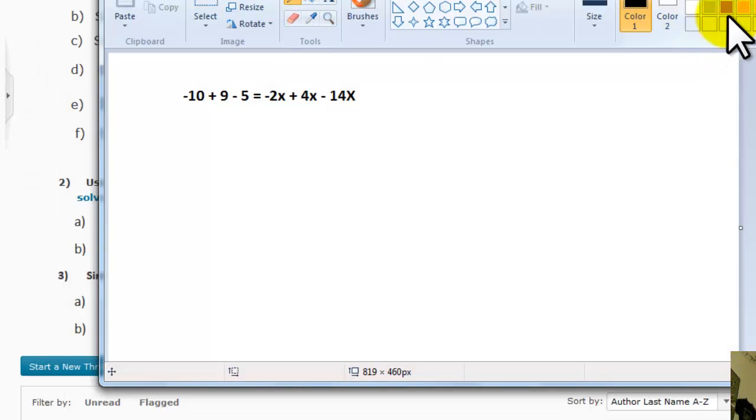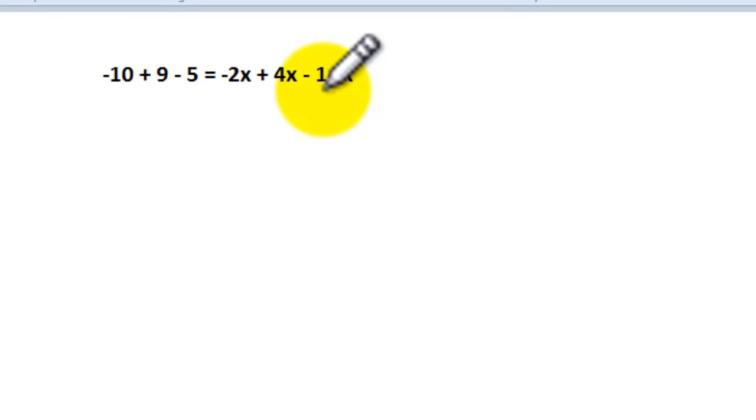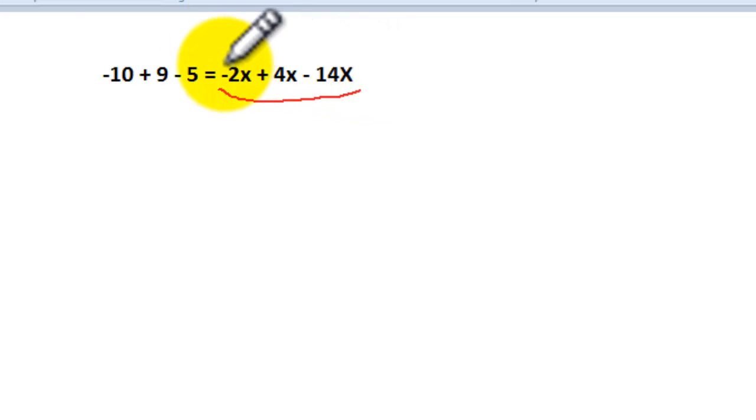Okay, so on this one, you're going to want to simplify first. So any math that you can do before you start to move things around, you do. So on this side, you could combine all these terms because each term is a like term. That's a capital X. That's really just an accident. Anyway, so we can add minus 2 plus 4 minus 14.